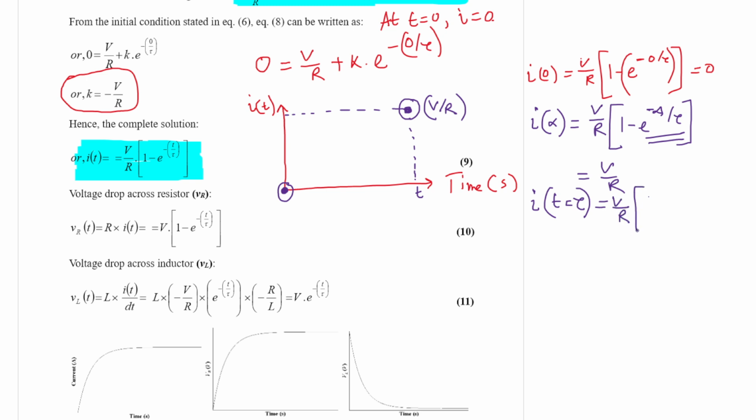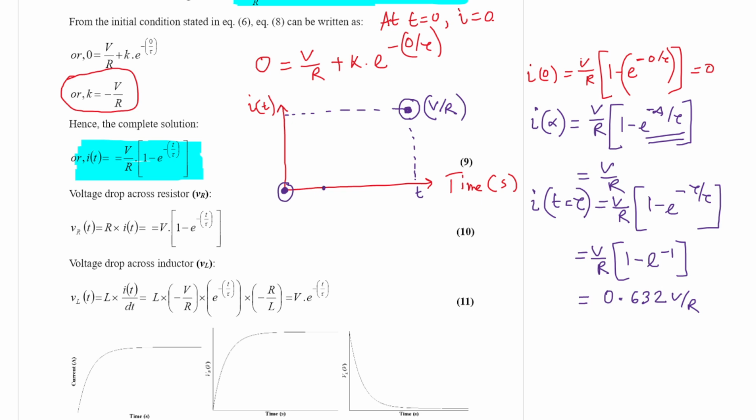V by R into 1 minus e to the power minus tau by tau, that is equal to V by R into 1 minus e to the power minus 1. If you solve this, you will get 0.632 V by R. That means it is almost 63.2%.